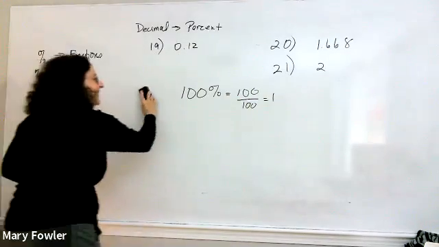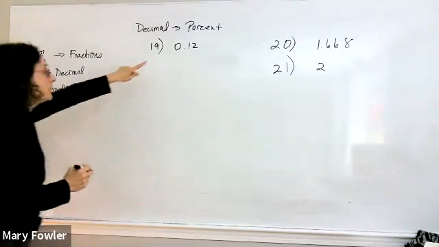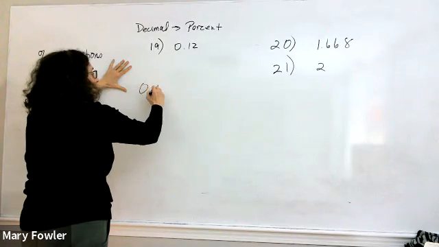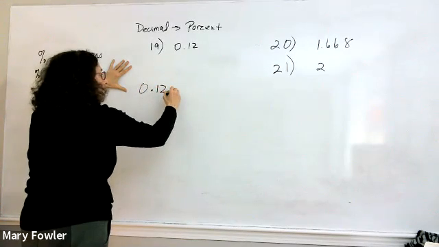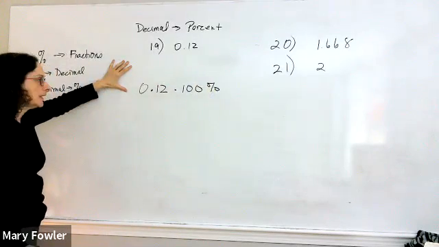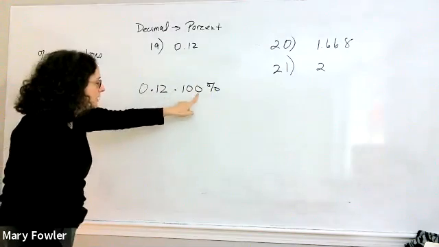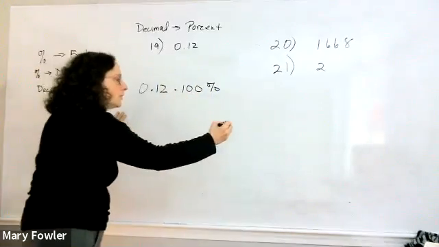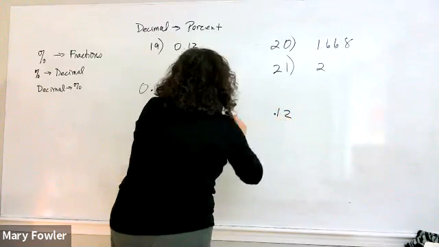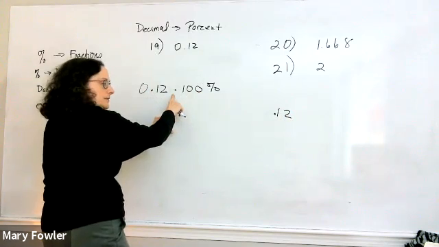Okay. So we're going to convert 0.12 to a percent by multiplying by 100%. Okay, so 0.12 times 100, and we can go and do this, but we also know that we're multiplying by 100, so we're going to move our decimal place twice.